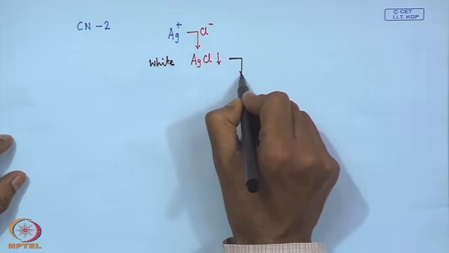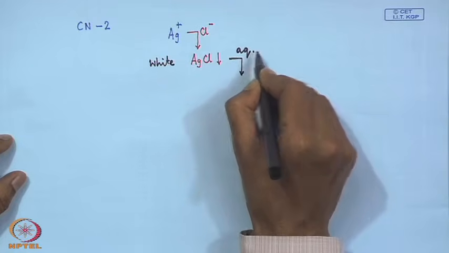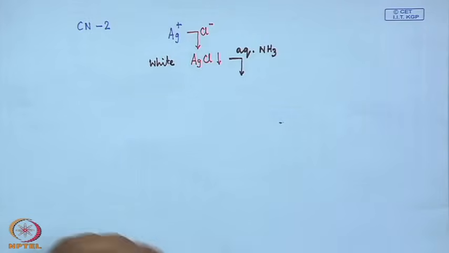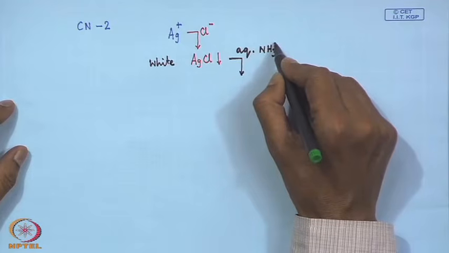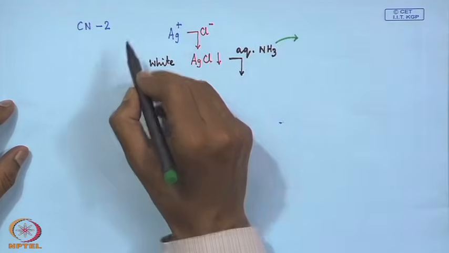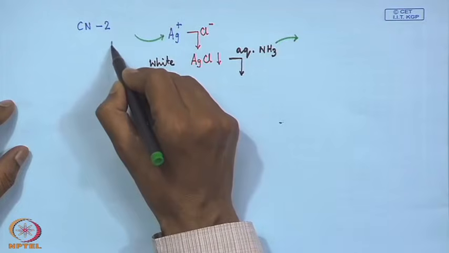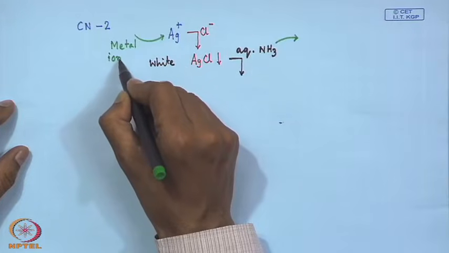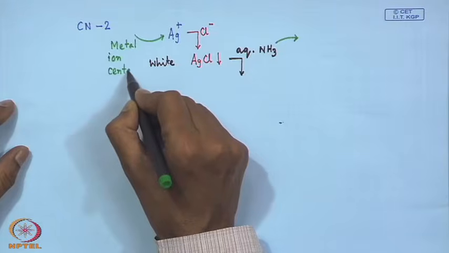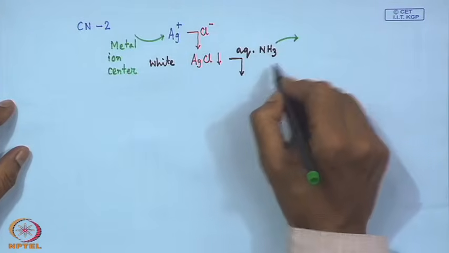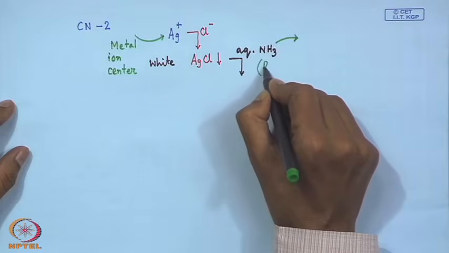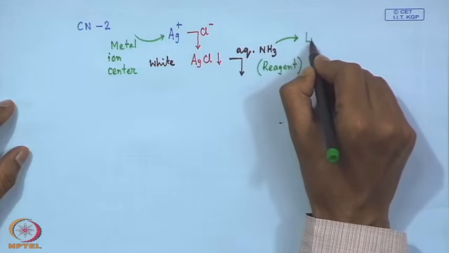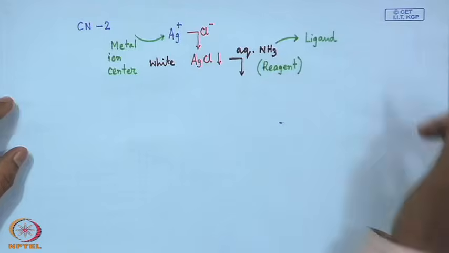So, what we do, we simply add aqueous ammonia solution, and when we add it, we should at the same time consider that we are looking for something where the silver ion is the metal ion center, and what we are adding as reagent, aqueous ammonia, can be a good ligand.